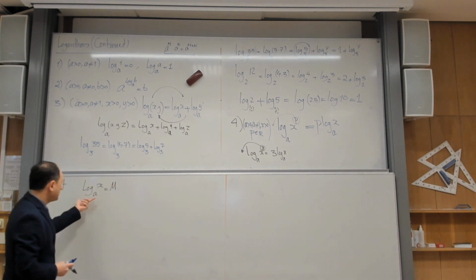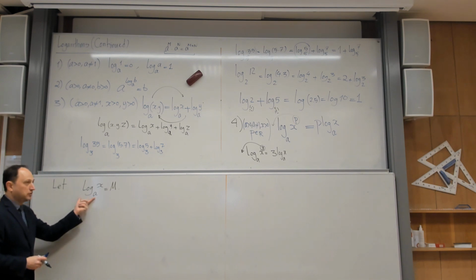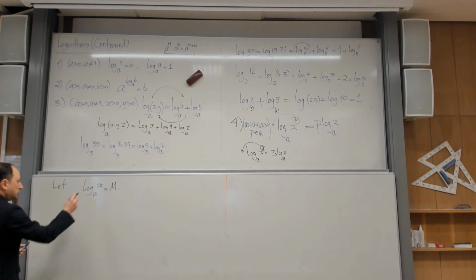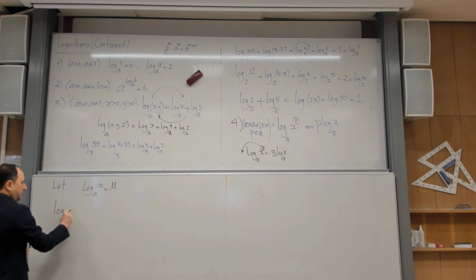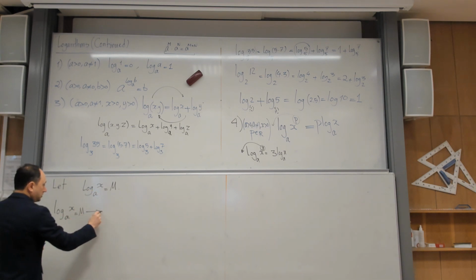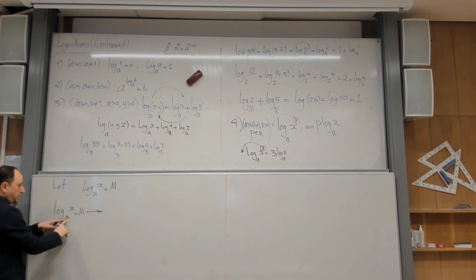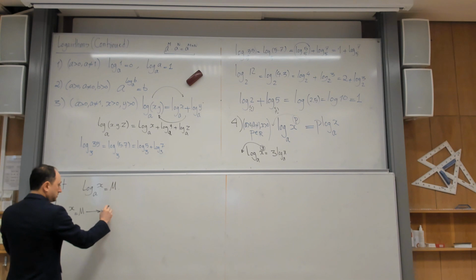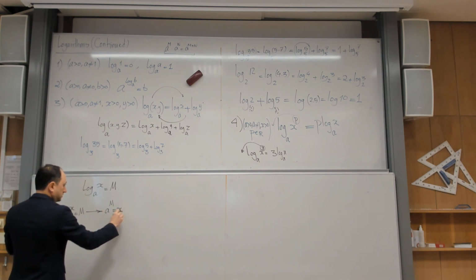This is the standard way of proving things about logarithms. You give them a name and try to use the definition of the logarithm. So if you let me give this a name m, then based on the definition of log, you have to admit that a to the power m becomes x. Yes?